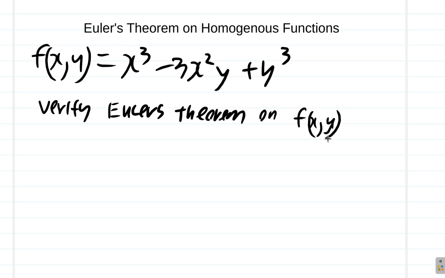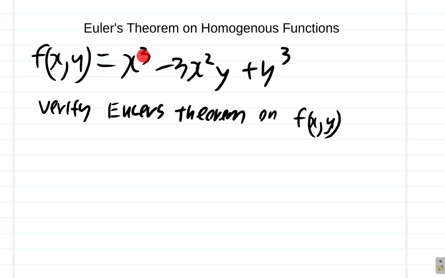We have this function f of x and y is x cubed minus 3x squared y plus y cubed. This is one of the functions that we looked at in a previous video in this playlist, where we saw that it was a homogeneous function. Now, you can see, if you're not asked or required to test it to see if it's homogeneous at first, right?